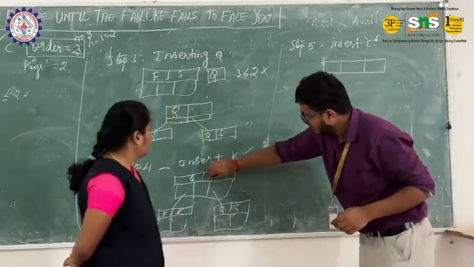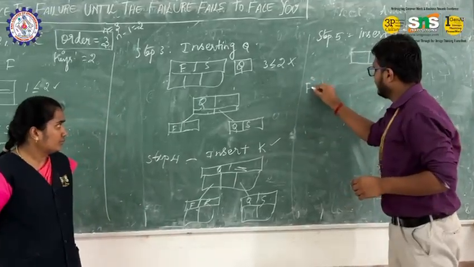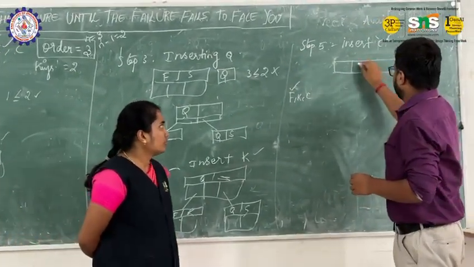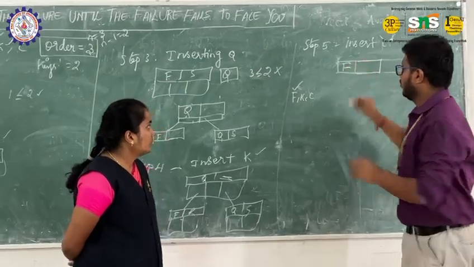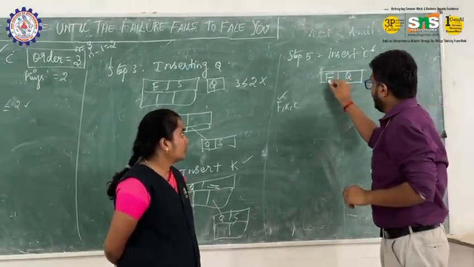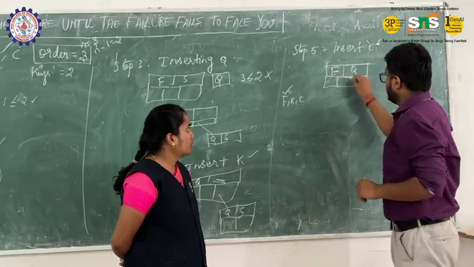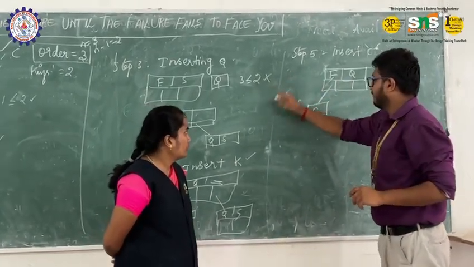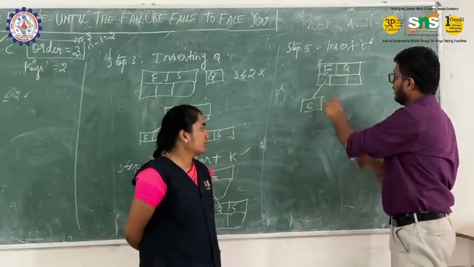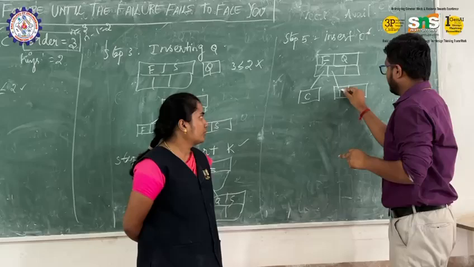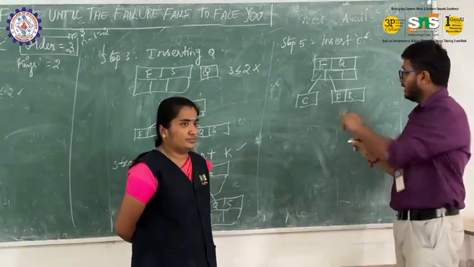Among F, K and C, the middle element is C, and the C element will be in the root node along with the element Q. In the left side, the element C is placed as it is lesser than F, and in the right side, F and K will be placed.